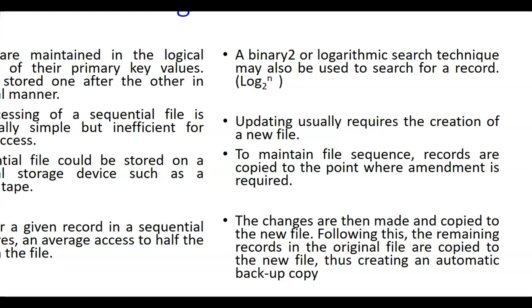To maintain file sequence, the records are copied to the point where the amendment is required. Remember, all the amendments that you're going to do on your file have got to be sequential. So the changes are then made and copied to the new file. Following this, the remaining records in the original file are copied to the new file, thus creating an automatic backup copy.